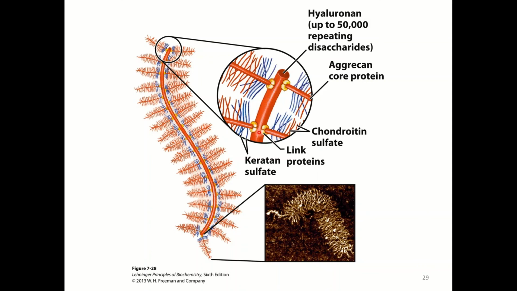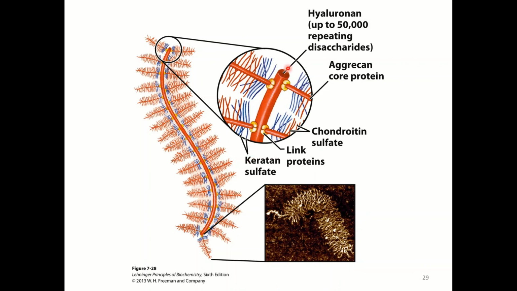But that's this core red structure here. And that is 50,000 repeating disaccharides making that up. So when we talked about this polysaccharide, and it was shown as 50,000 in the chain, that's what we're talking about.